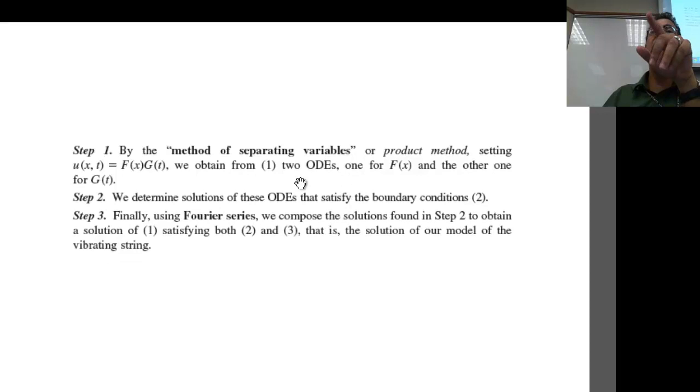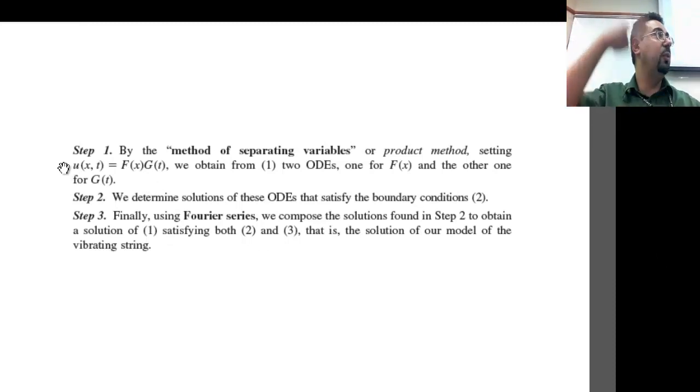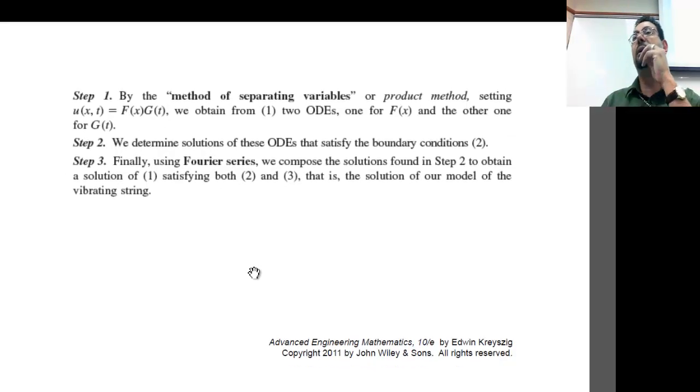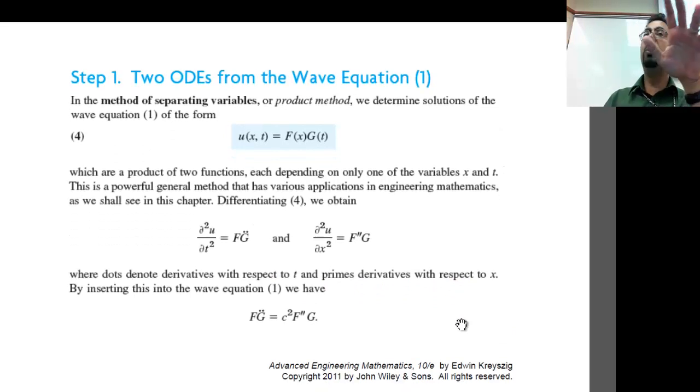All right. So this method, separating variables, will try to turn u of x, t into two separate functions. One of them is just of x and the other one is just of t. The solution of that wire or string vibrating is basically those two functions multiplied by each other. This will help the math a lot in solving this. This is not supposed to be easy.